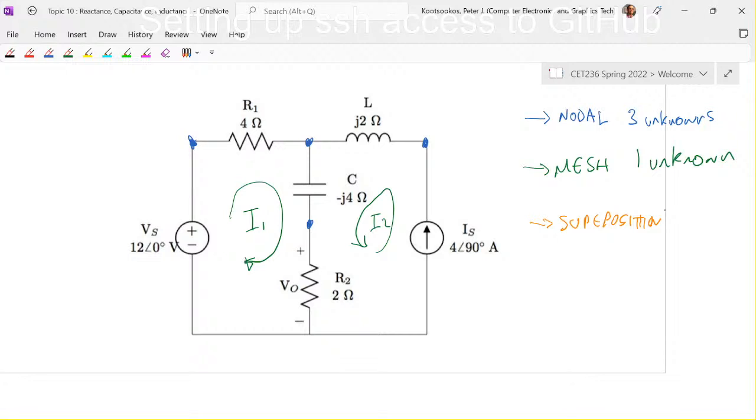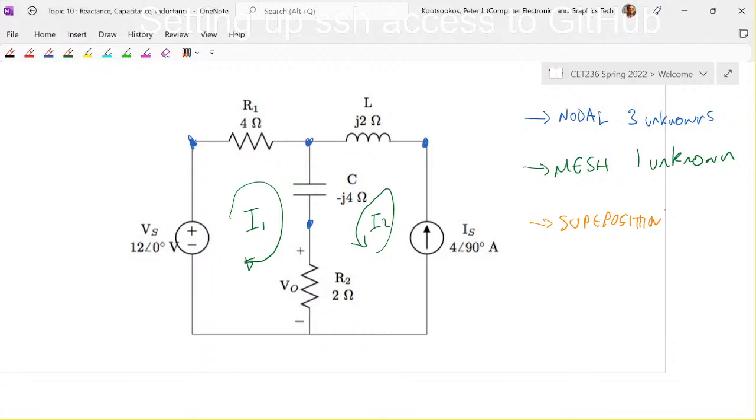The L goes out of the equation and I'm just left with VS, R1, R2 and C. But then I also have to think about keeping IS and replacing VS with its ideal equivalent, which is a wire.